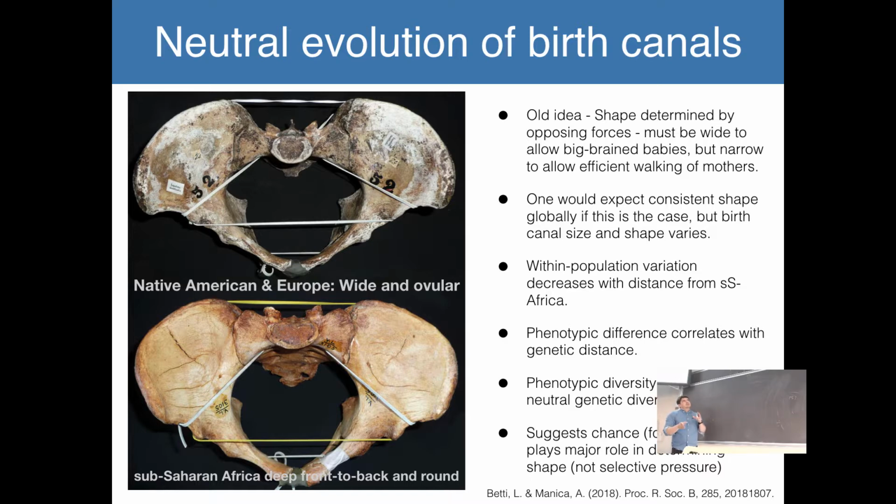And they found that phenotypic difference correlated with genetic distance. By phenotypic difference, I mean difference in the width and height of the birth canal, and by genetic distance, I mean how distantly related these populations are.